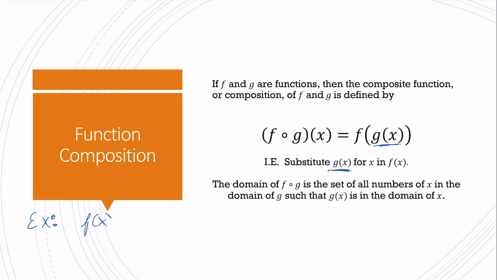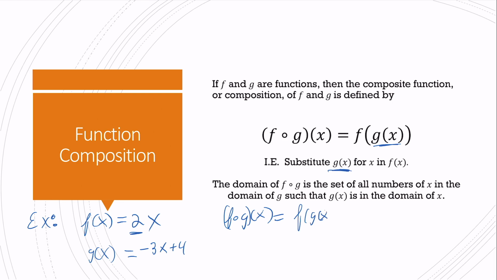If I have f of x is 2x, right? This is a linear equation with a slope of 2 and a y-intercept of 0. And g of x is negative 3x plus 4, and I want to find f composed with g of x, what I'm asking you to do is substitute g of x in for x in f.